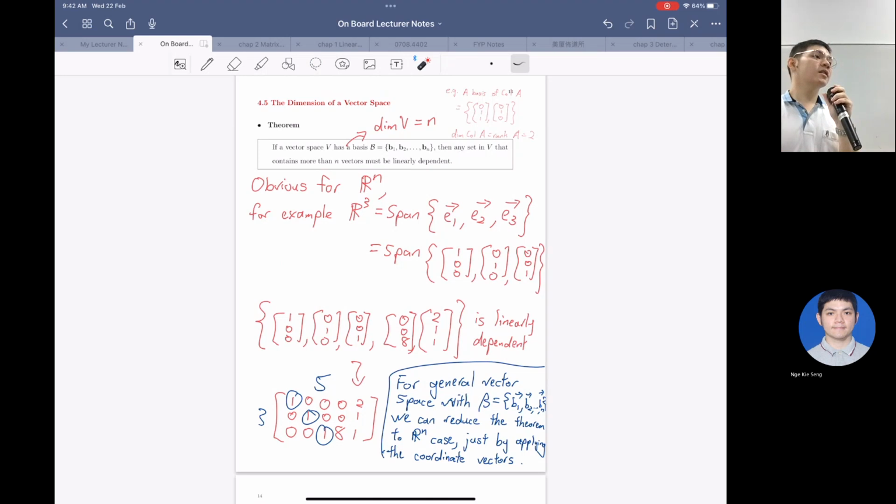After you apply coordinate vectors, what you are dealing with is what you do in Rn. So if we have a vector space with a basis v1 up to vn, then any set in V that contains more than n vectors must be linearly dependent.